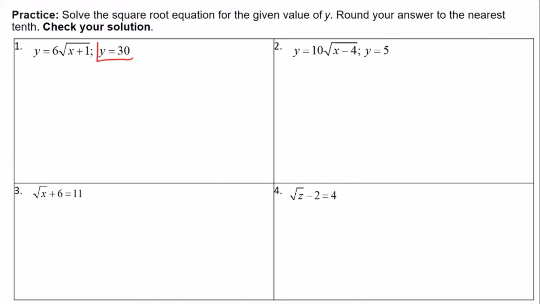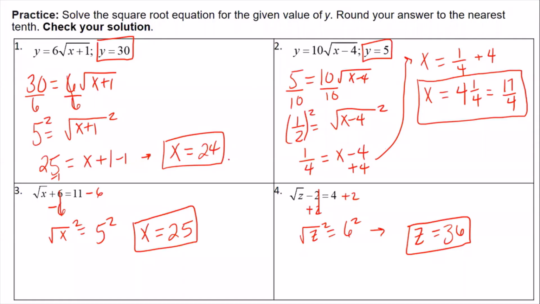So y equals 30, and we have 30 equals 6 square root of x plus 1. Here y equals 5, so we have 5 equals 10 square root of x minus 4. Go ahead, we're going to pause and I'm going to let you go.